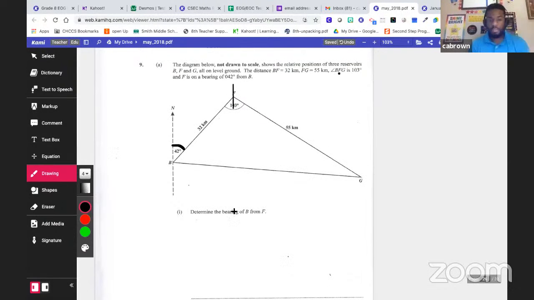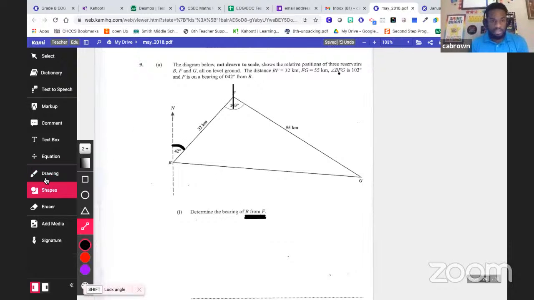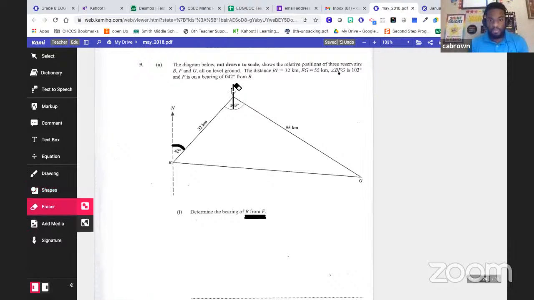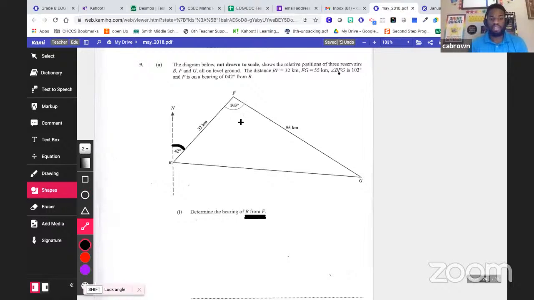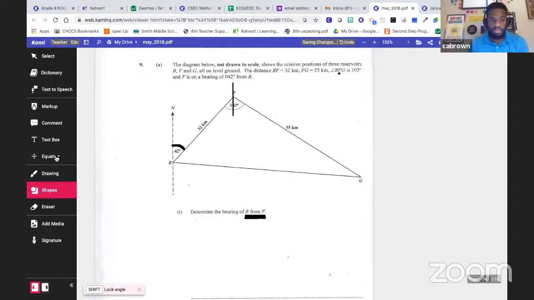We're asked to determine the bearing of B from F. This is a very important part. B from F, it means, as I went ahead and I did this, let me just erase this for now. But always remember that when we're talking about bearings, it's always in relation to north. So it's always about direction, north, south, east, and west. So let me go ahead and put that in.